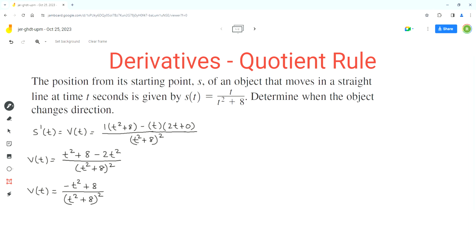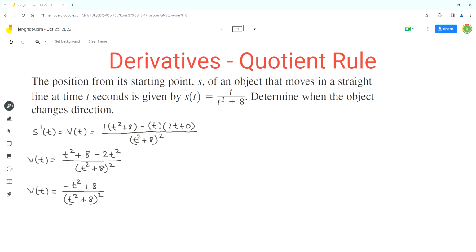Now the next step is to find where this velocity function is equal to 0. If you remember, we discussed that an object changes direction when the velocity changes from negative to positive or positive to negative. For that transition to happen, the velocity has to become 0 in between.